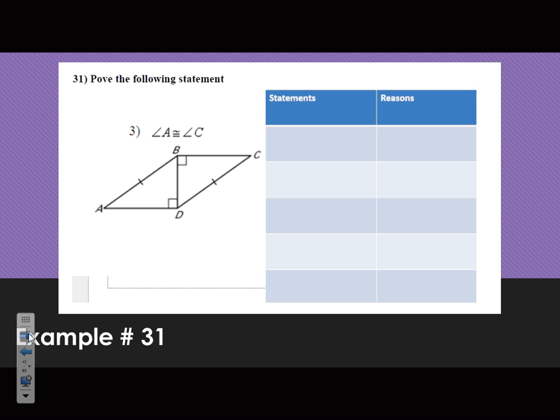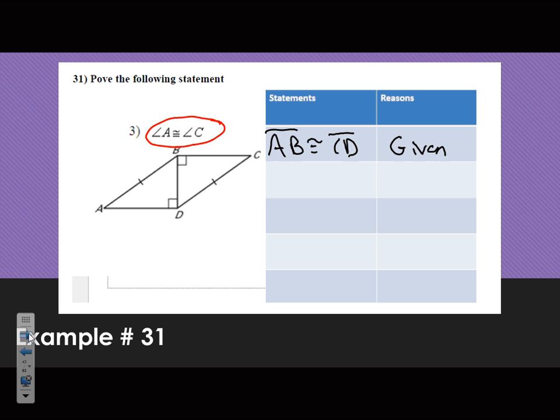Our goal at the end is to prove that angle A is congruent to angle C. First, we have to show that these are congruent triangles. So, we know that AB is congruent to CD, given.